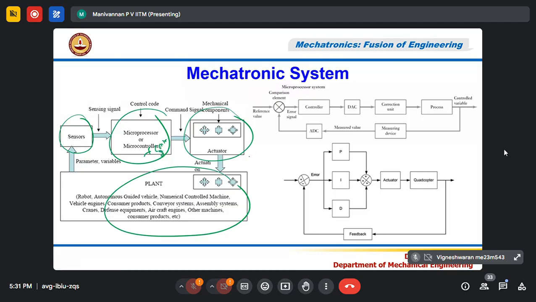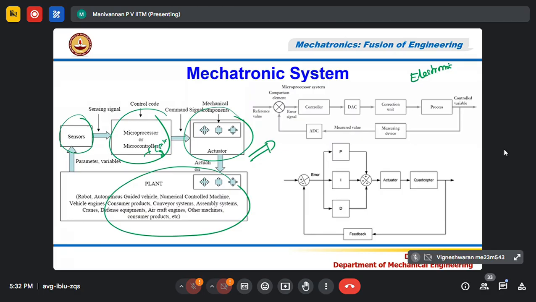Now, if I want to break it down in a detailed way, we know that in a mechatronic system, you take, for example, an electric motor. Please note that a mechatronic system need not be a machine. Even an electric motor is made of, correct, armature. It has a body, a field magnet coil, armature coil, bearings, shaft, all those things; together you assemble and only then a motor comes.